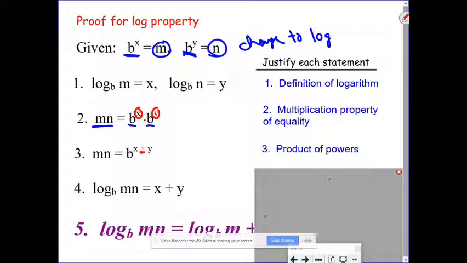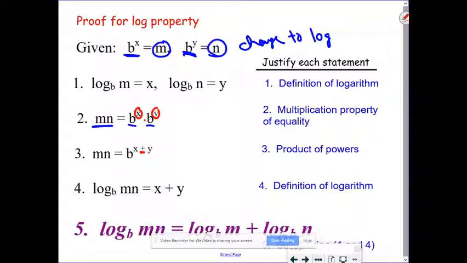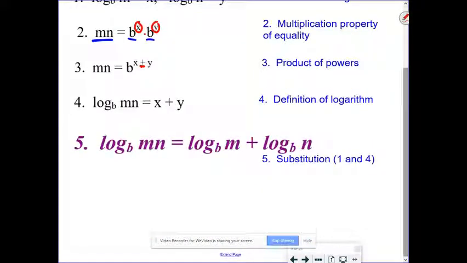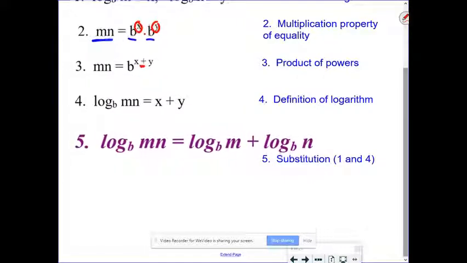So b to the x plus y becomes log base b of mn. So I change to log again. That leaves me with log base b of mn equals x plus y.